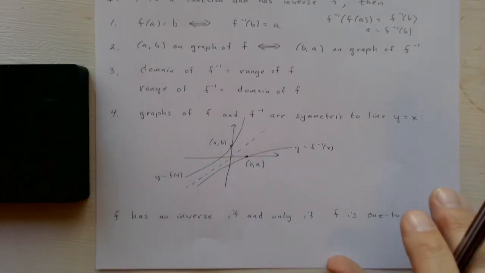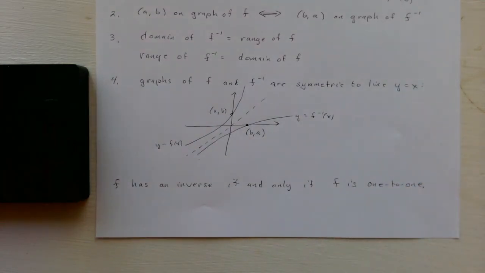Now, another important point: not every function has an inverse, as we saw in example 4 just now. And it turns out the only functions that have inverses are the functions that are one-to-one.